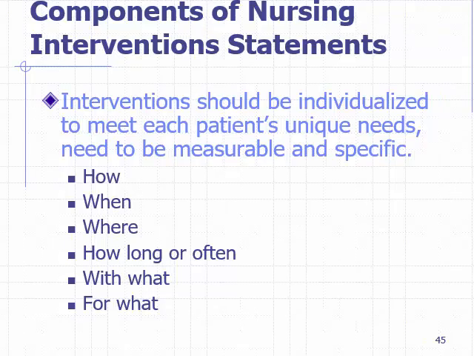In grading nursing care plans, one of the biggest things that gets left out is 2 things. 1, when are you going to do it, and how often are you doing it? So those are the components that need to be addressed and put into your intervention. For example, irrigate the right leg wound with 200 mils of normal saline every 6 hours.